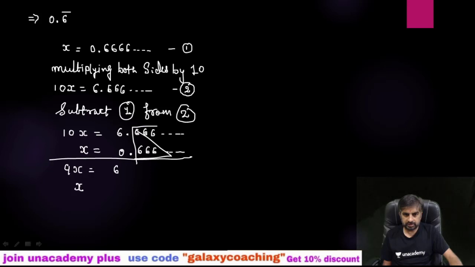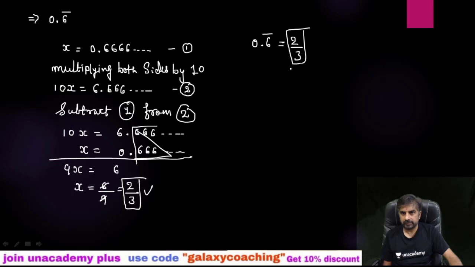So your x will be 6 by 9, that will be 2 by 3. So you can say 0.6 bar in the form of P by Q will be 2 by 3. So this way we can express any non-terminating repeating number in the form of P by Q.